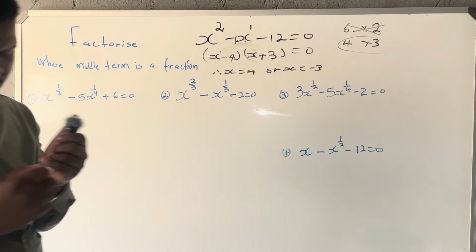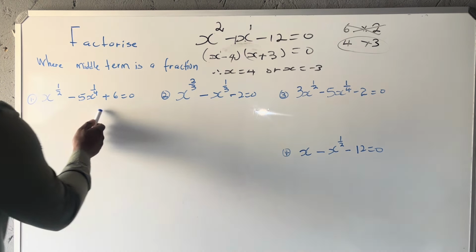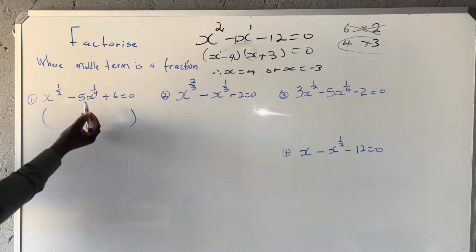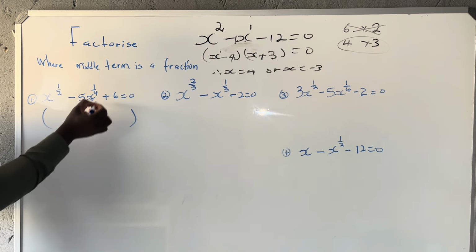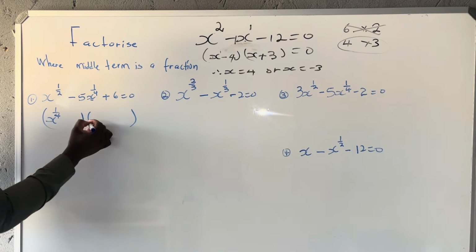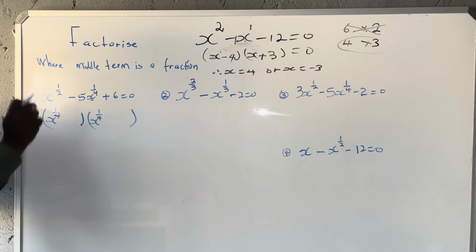Now, let me show you how to do that even without applying the K method on this. Now, I say this number itself, the center, the middle term, if you split the middle term, this one doubled gives you that.